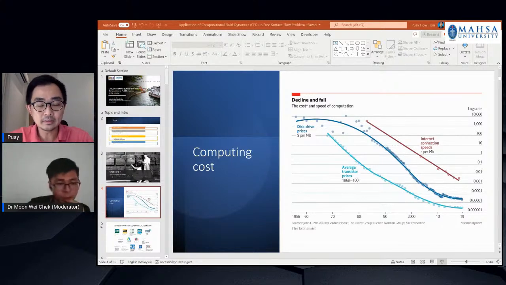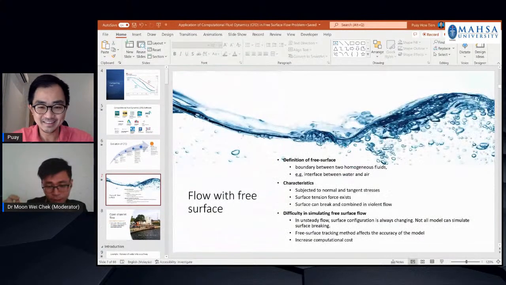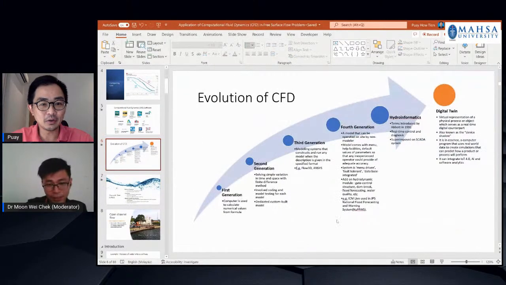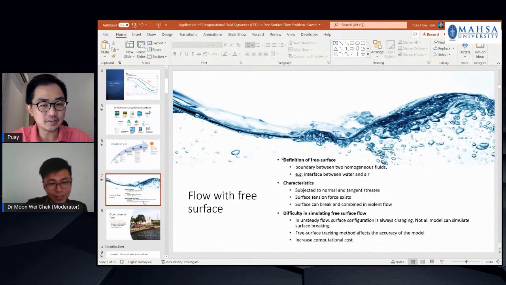Sorry for interrupting again, because some of the audience are asking whether the slide is moving or not. Maybe the slide is not moving now. You can click for the slide show so that the animation can play. Can you see the evolution of CFD? Yes, now we can. How about flow with free surface now? Yes, now the slide has moved.